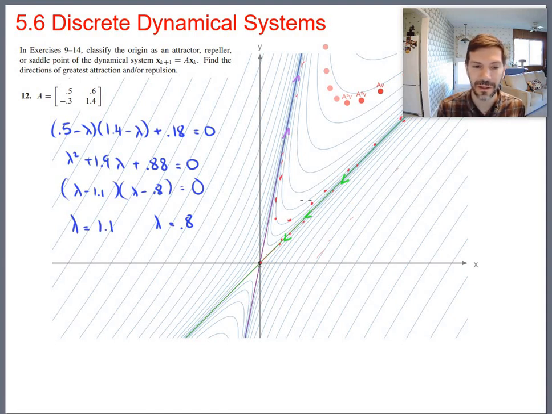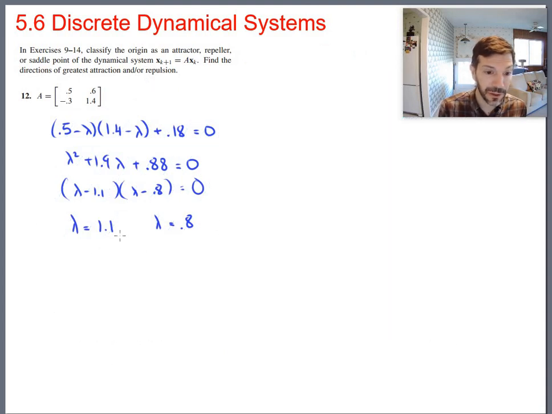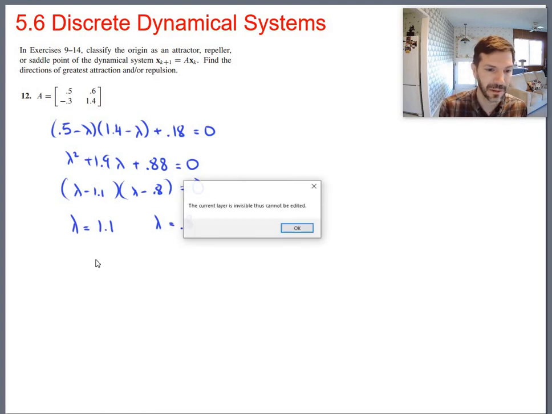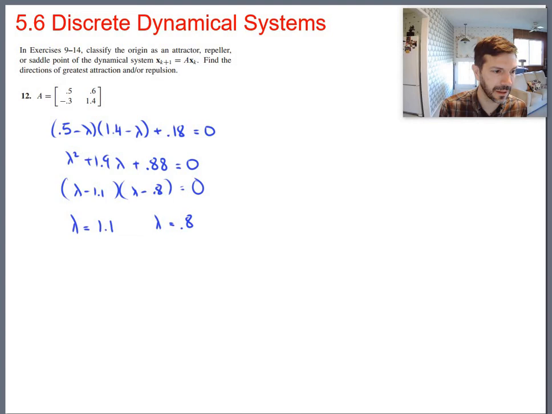So the direction of greatest repulsion here will be the eigenvector that goes with this eigenvalue. That is the fastest trip away from the origin, going at 10% every time, 1.1. Anything else is going to be made up of a combination of 1.1 and 0.8, so it won't go away from the origin as fast.